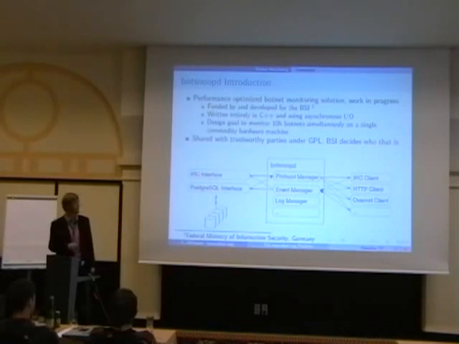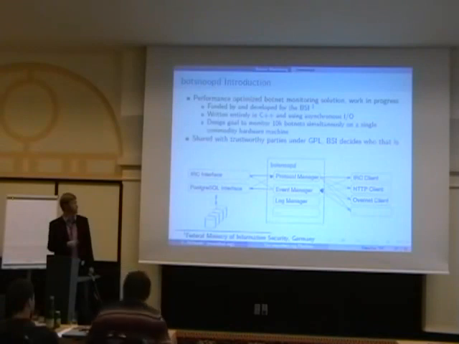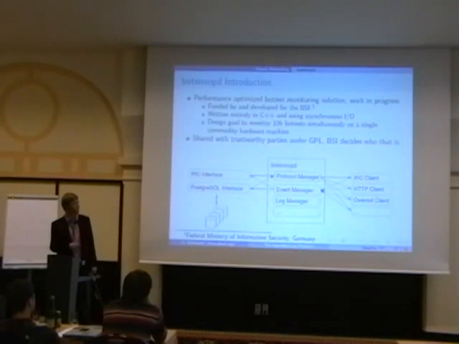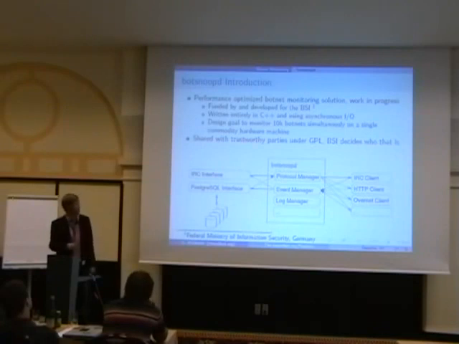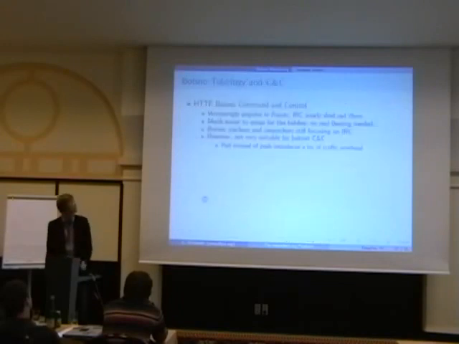There's an interface to our great Postgres database again, or we can also control this daemon by IRC itself. As soon as we have a new botnet in the database, we allocate a new client from some protocol, and this then just runs, joins the botnet, and feeds all generated events back to the event manager, which again feeds the information into the database. I guess I have a screenshot of that database later on. We also have some logging and the normal daemon functions in that daemon.